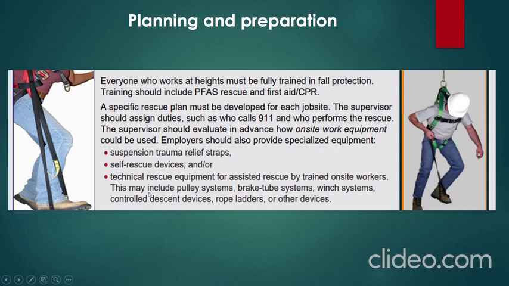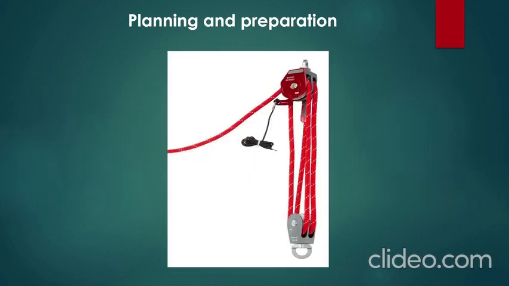This may include pulley systems, brake tube systems, winch systems, controlled descent devices, ropes, ladders, and other devices which can be used to help rescue the fallen workers. We can see here this is a type of rescue pulley equipment which we can use to rescue fallen workers.